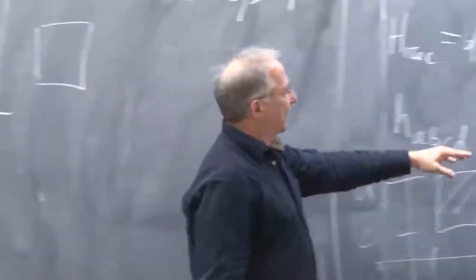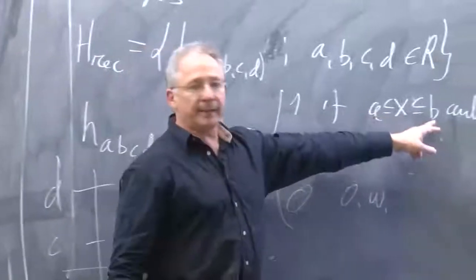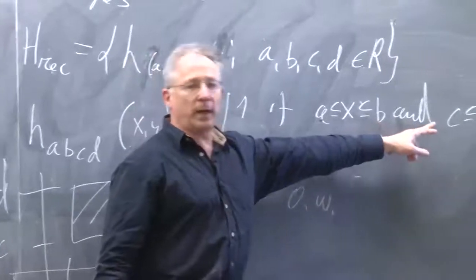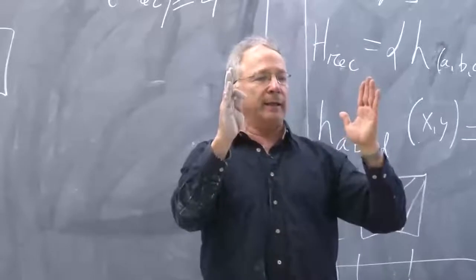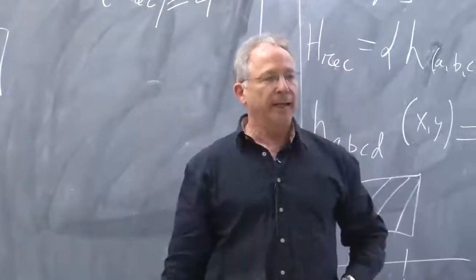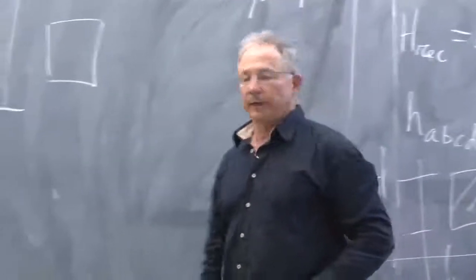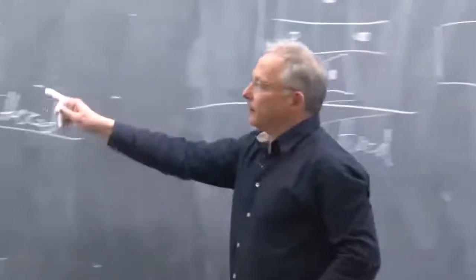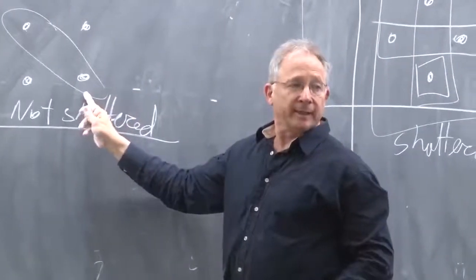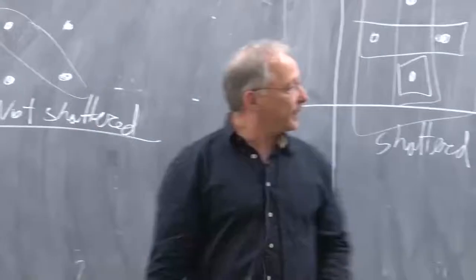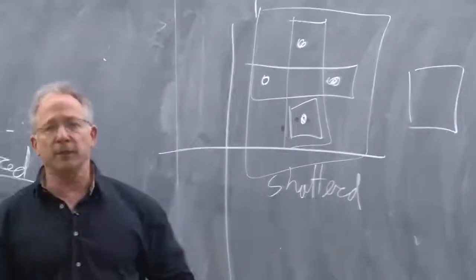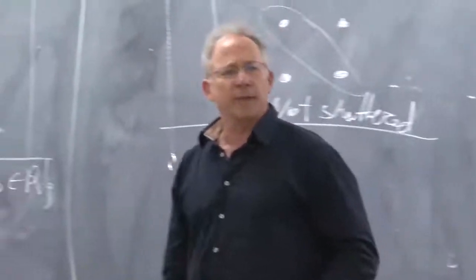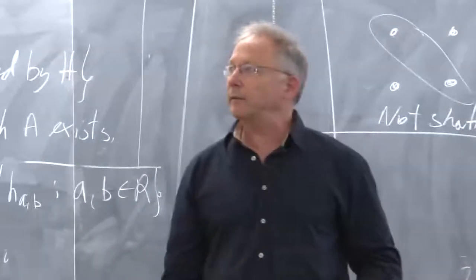There is an interval on the x-axis and an interval on the y-axis, and this defines the rectangle which is aligned with the axis. So it's called axis-aligned rectangles. General rectangles could have this, but not axis-aligned rectangles. So for axis-aligned rectangles, we can shatter this set. So we know VC dimension is at least 4. Can anybody show me a set of size 5 which is shattered?